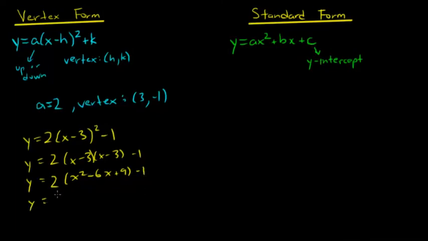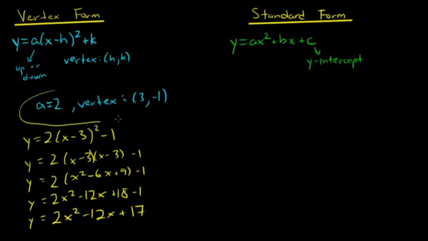And finally, let's expand. 2 times x squared, 2x squared, and we get something like this. And then we just collect that 18 and that 1 together, and we have 2x squared minus 12x plus 17. So just using this information, we have come up with a standard form of that quadratic relation.